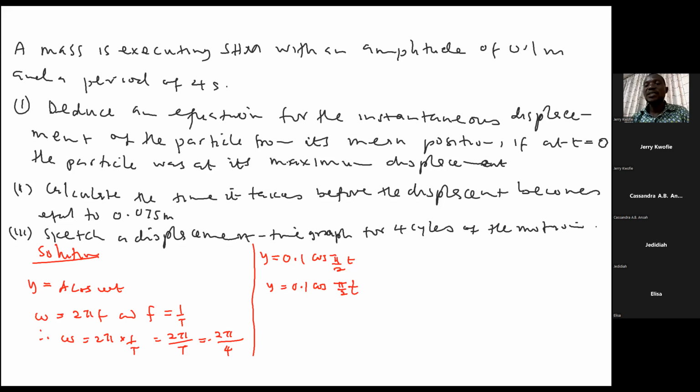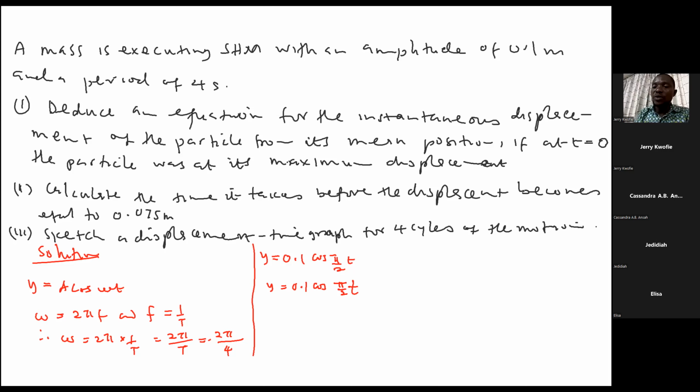You're welcome. This is the equation for the instantaneous displacement. Now, the next question is, we should calculate the time it takes before the displacement becomes equal to 0.075. What time does it take before the displacement becomes 0.075?